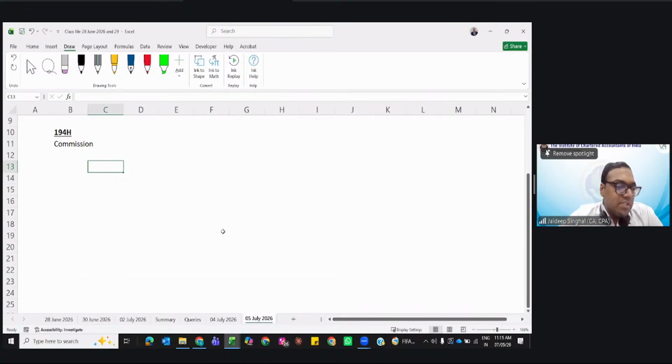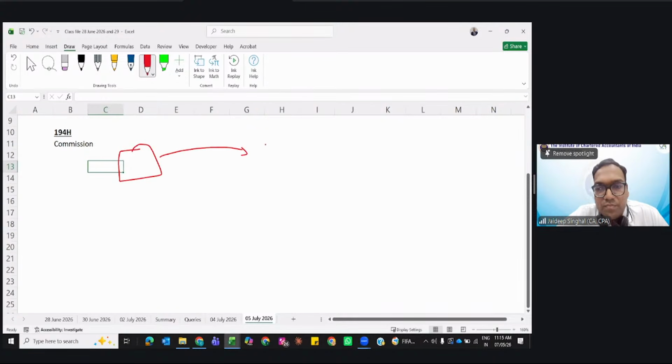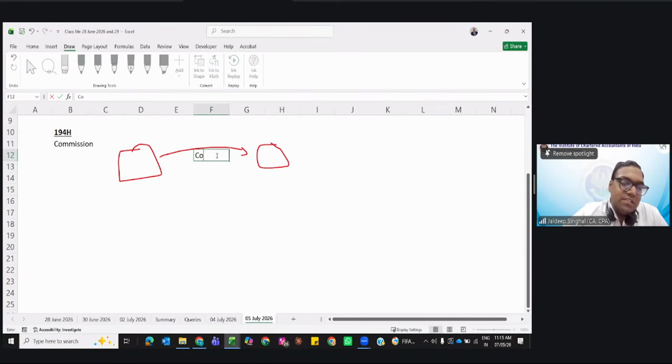Again, same concept. Let's suppose any person is paying commission to another person. This is the deductor, the payer. What is this commission?